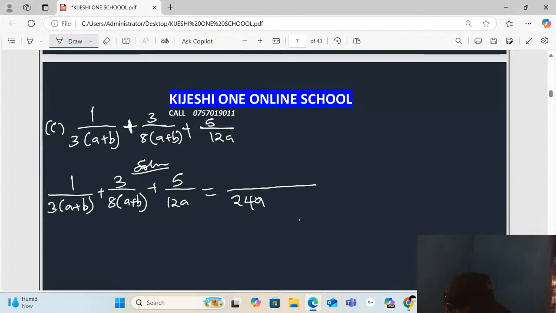Now, we multiply 24A by (A plus B), so that becomes our LCM. Our LCM is 24A into (A plus B).